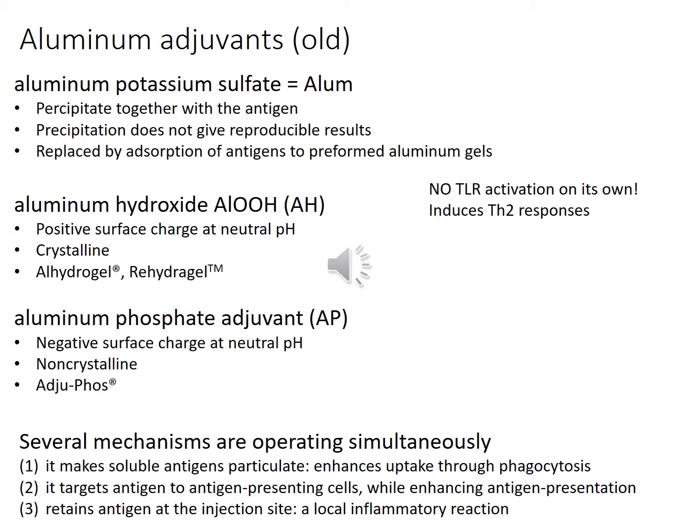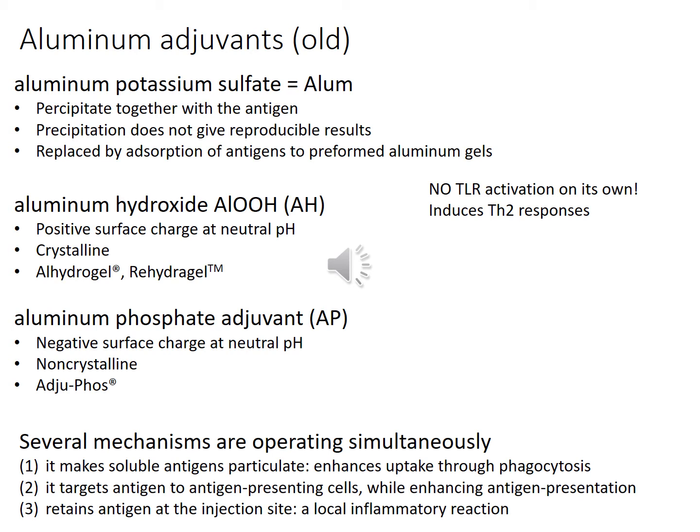So what are the aluminium adjuvants? The first is the old one that we call Alum, and in order to make this adjuvant, you need to precipitate crystals of the alum potassium sulfate together with the antigen, and this precipitation actually does not give very reproducible results.